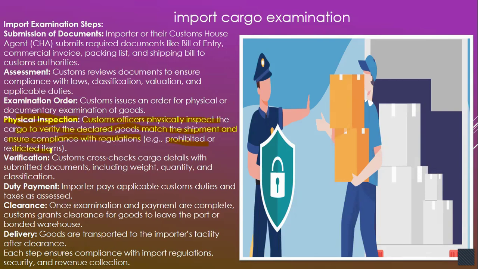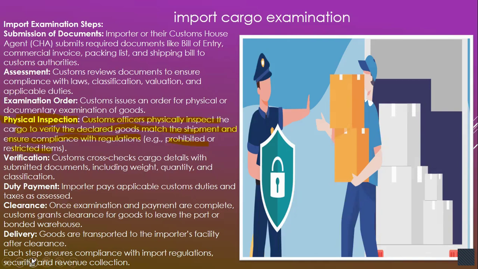To check this, the government officer physically inspects the cargo to verify what documents the importer has declared, and this declared document must match the physical goods stuffed in the cargo. If they find any mismatch, they immediately object to that shipment. This process is called physical examination, physical inspection.